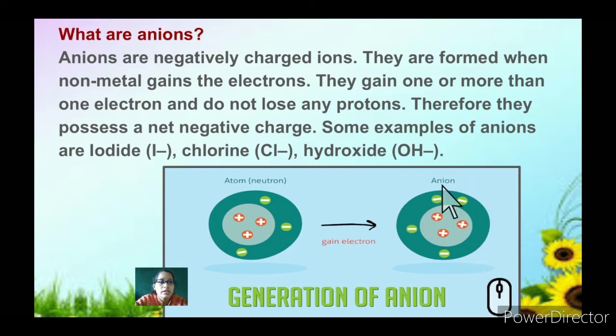In this figure you can see that they gain electrons, but they are not going to lose any protons or positive charge present in the nucleus. Once they gain the electrons, they automatically become negatively charged. So their net charge is negative. Non-metals usually gain electrons and are negatively charged.